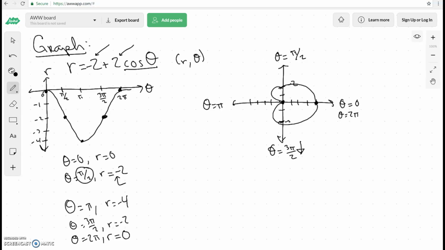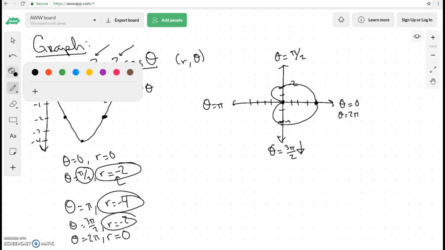What I drew is kind of cute, but this is what the graph basically looks like. A couple things to really keep in mind is that all of our radii in this case were negative. So we were going the opposite direction of where the angle was.